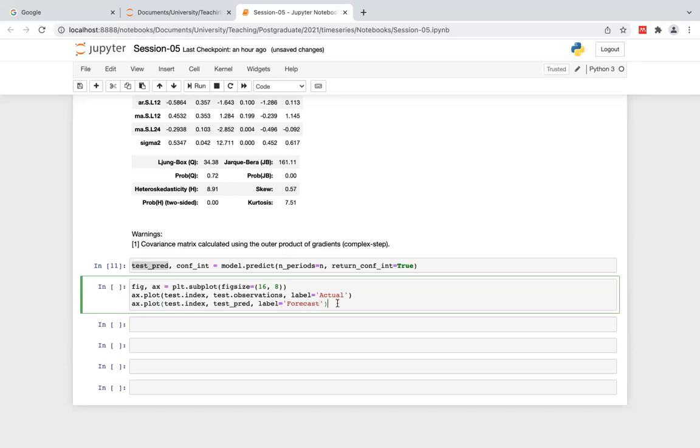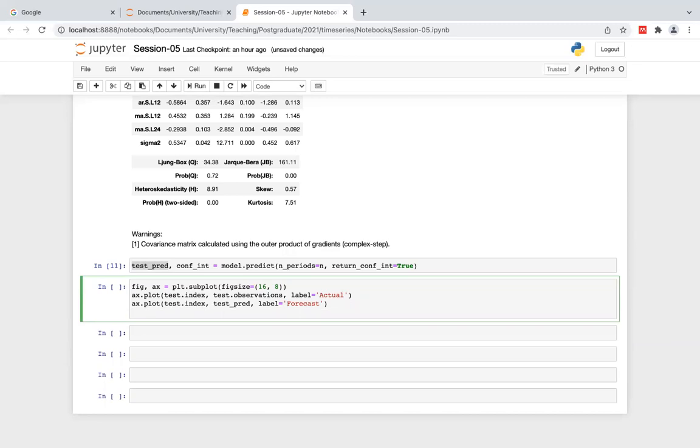Then I'm going to include this confidence interval as a shaded area so that you can get a clearer picture. I use fill_between, where I fill the test index, then the confidence interval from all rows of column 0, and the confidence interval with all rows of column 1.